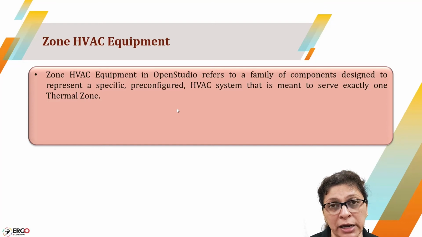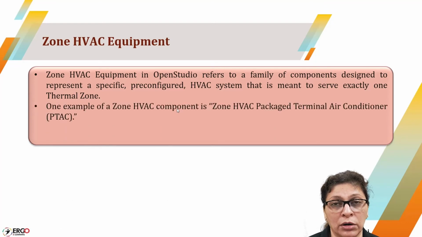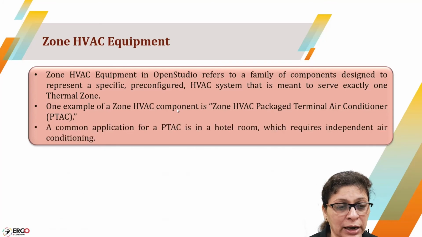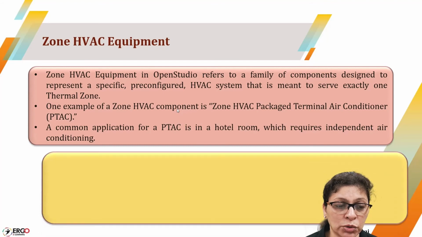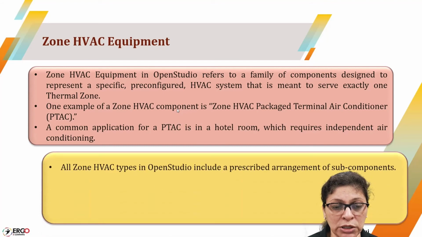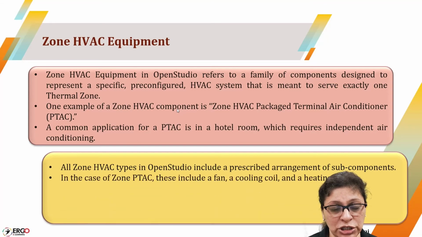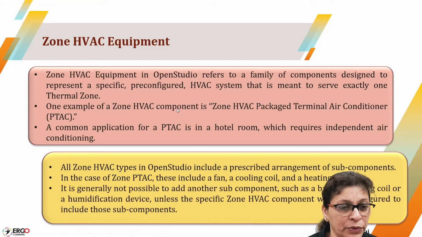When we say a packaged AC unit or a kind of rooftop unit, then they fall into this category. A common application of this is hotel rooms or small residential complexes. All zone HVAC systems in OpenStudio include a prescribed arrangement of subcomponents which are fixed. We may not make a major change in those components.